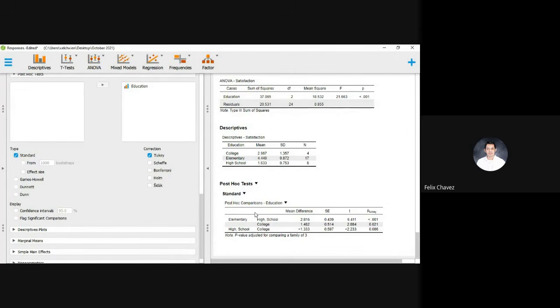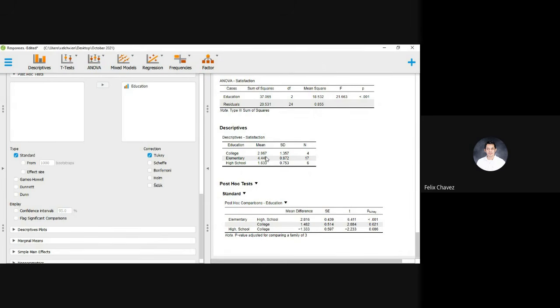Okay? So, elementary versus high school. Elementary and high school, the p-value is less than 0.05. So, meaning there is a significant difference in the satisfaction of customers having an educational attainment of elementary and high school level. Okay? With a p-value that is less than 0.05.